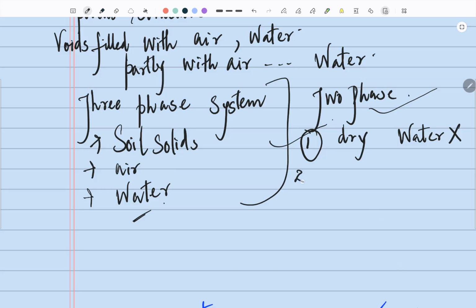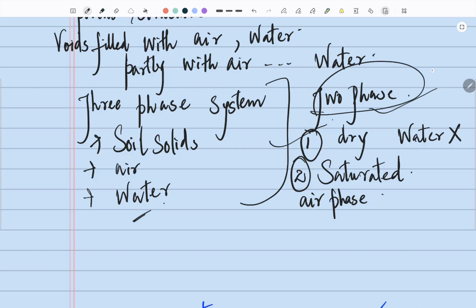And the second condition is when the soil is fully saturated, the air phase disappears. There is no air phase. So again, in this case, the soil becomes a two-phase system with soil solids, and voids are filled with water.